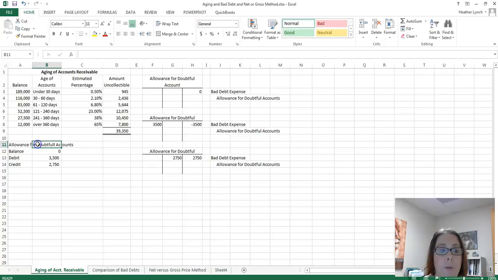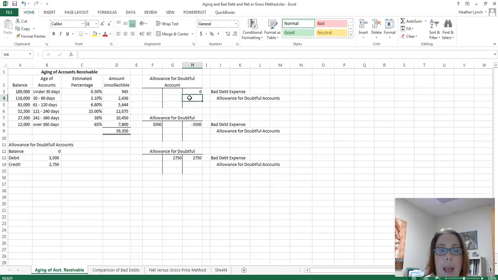And if we remember from financial and from our reading, allowance for doubtful accounts is a contra asset. Remember, assets normally have a debit balance, but this one has a credit balance.